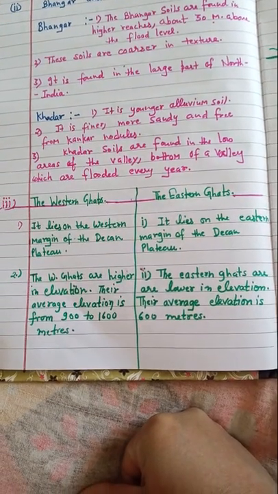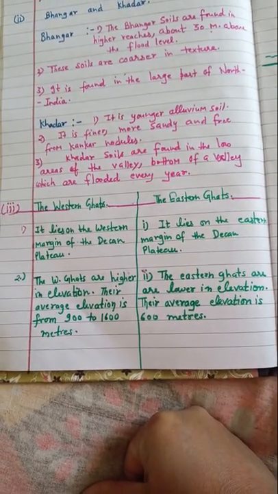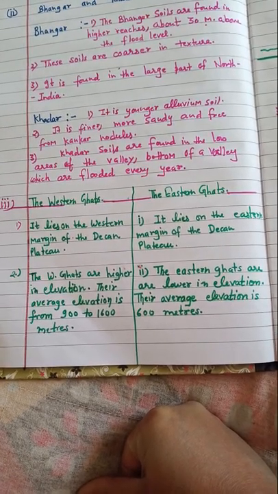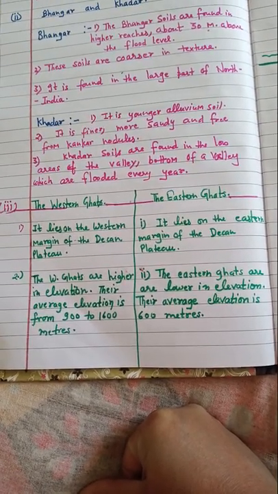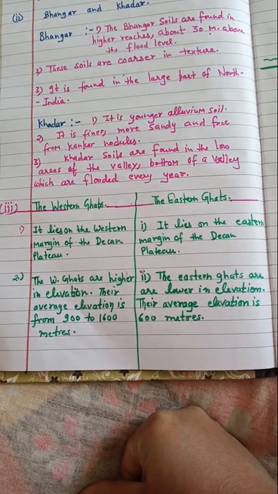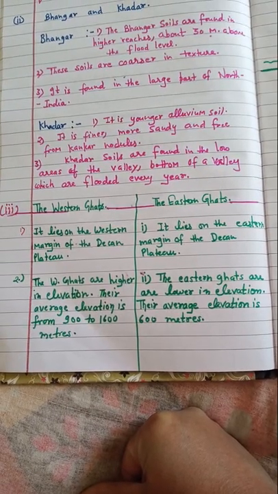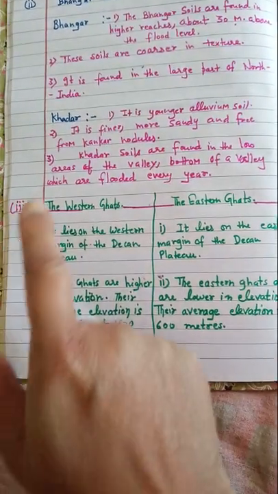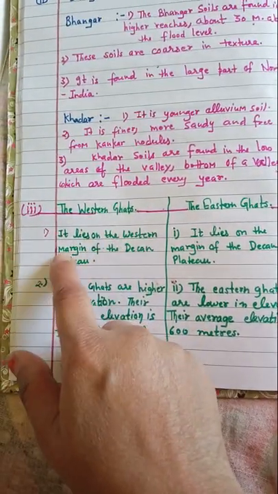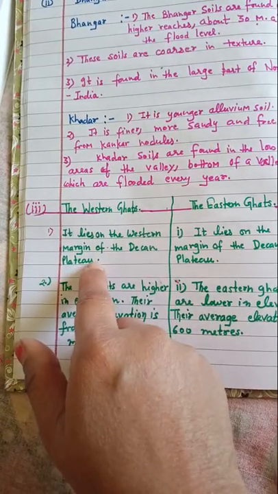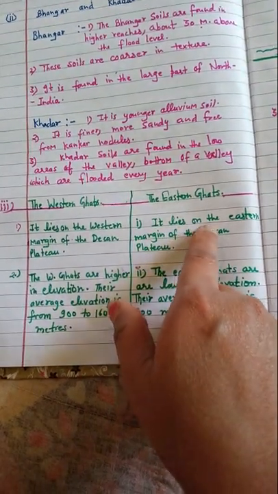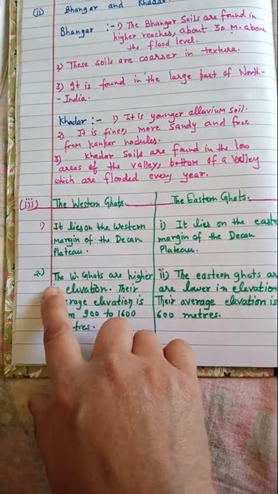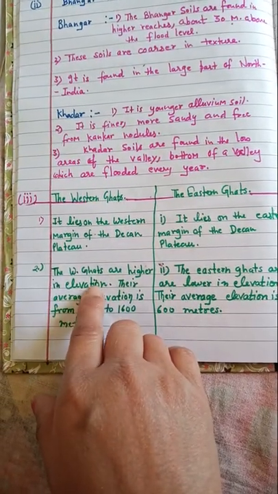That's why I have especially made this video, to give you an idea of the standard of your answer and the word limit. The Western Ghats lie on the western margin of the Deccan Plateau, while the Eastern Ghats lie on the eastern margin of the Deccan Plateau.